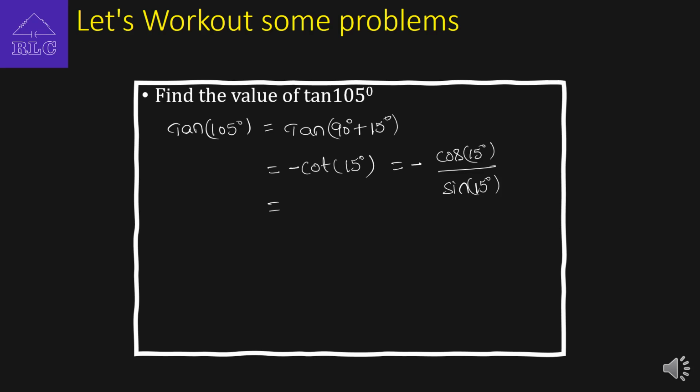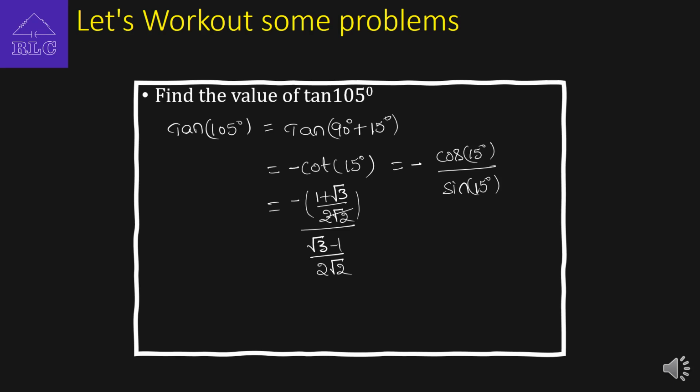Now substitute the values which we have found previously. So minus, this can be written as 1 plus root 3 by 2 root 2 divided by root 3 minus 1 divided by 2 root 2, which are the values of cos 15 and sin 15. And this minus I am applying into the denominator.